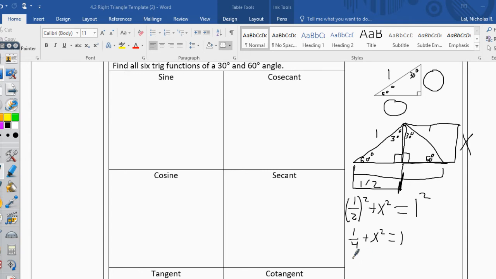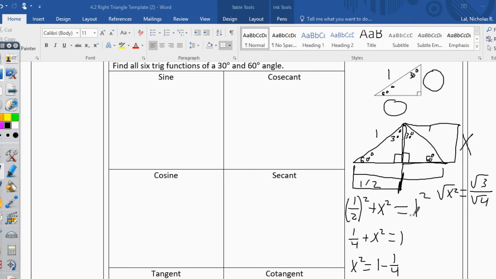Now, that means x squared is equal to 1 minus 1/4. What's 1 minus 1/4? 3/4. So the square root of x squared is equal to the square root of 3 over the square root of 4.